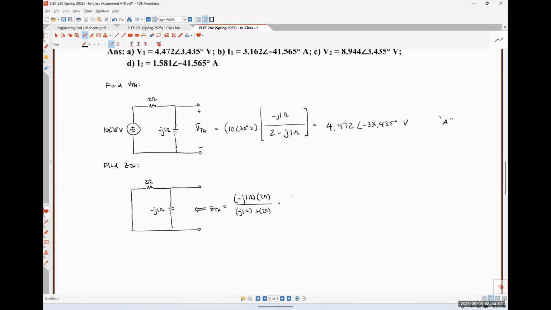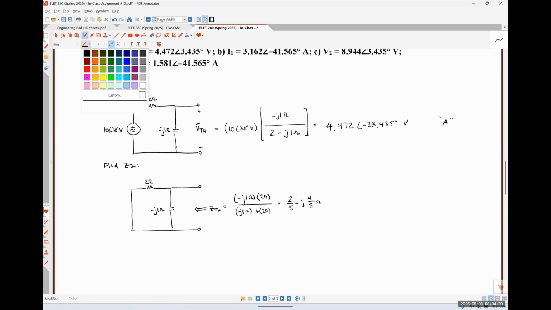I get that to be 2/5 minus J 4/5 of an ohm. Did anyone else get that result in polar form? Okay. All right. Yes, sir.